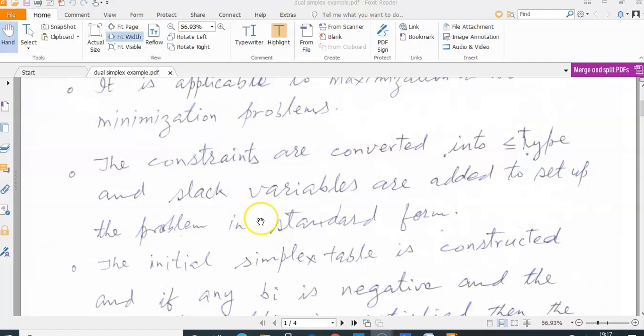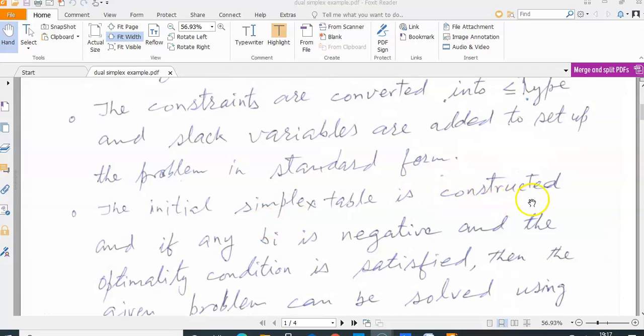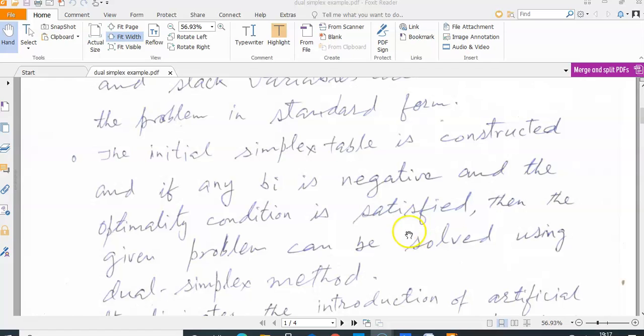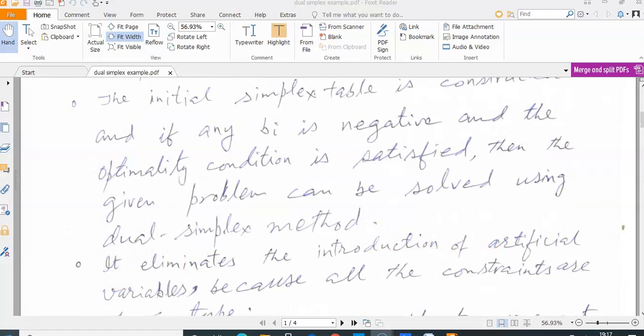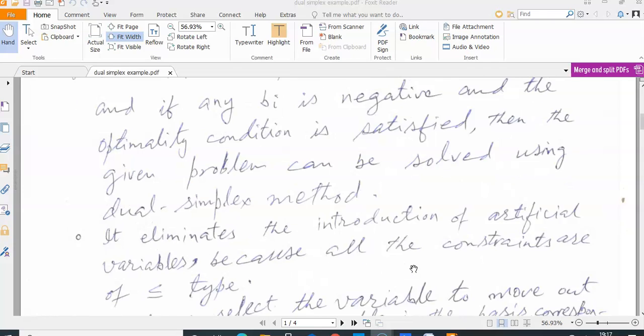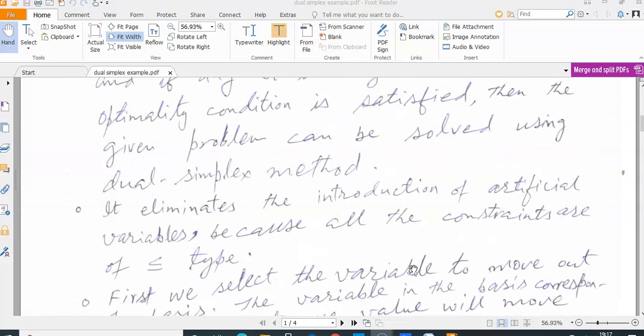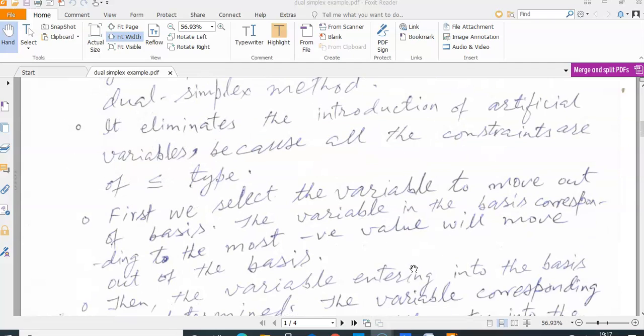The initial simplex table is constructed. If any bi is negative and the optimality condition is satisfied, then the given problem can be solved using the dual simplex method. It eliminates the introduction of artificial variables because all the constraints are of less than or equal to type.